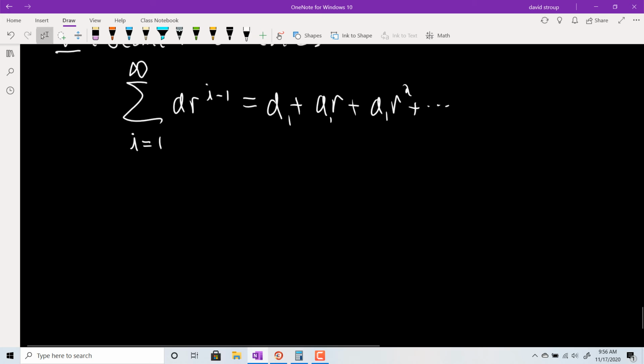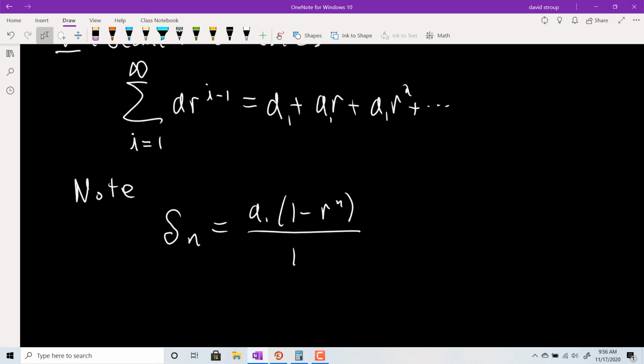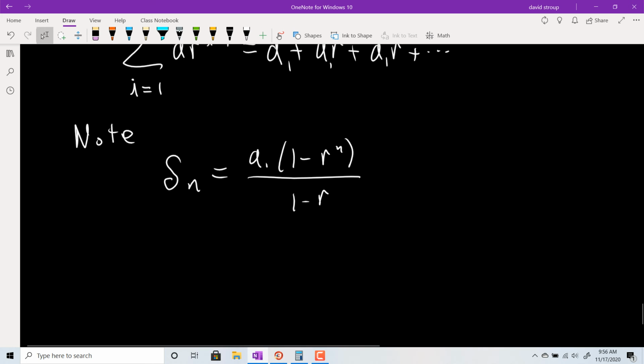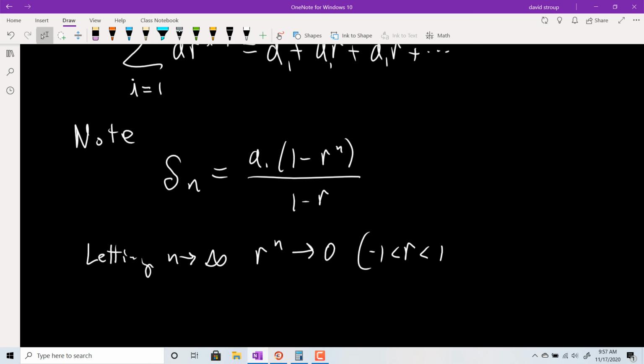If you look at the nth term formula, the sum of the first n terms will be a sub 1 times (1 minus r to the n) all over (1 minus r). If you let n go to infinity, r to the n will go to 0 when r is in between -1 and 1.